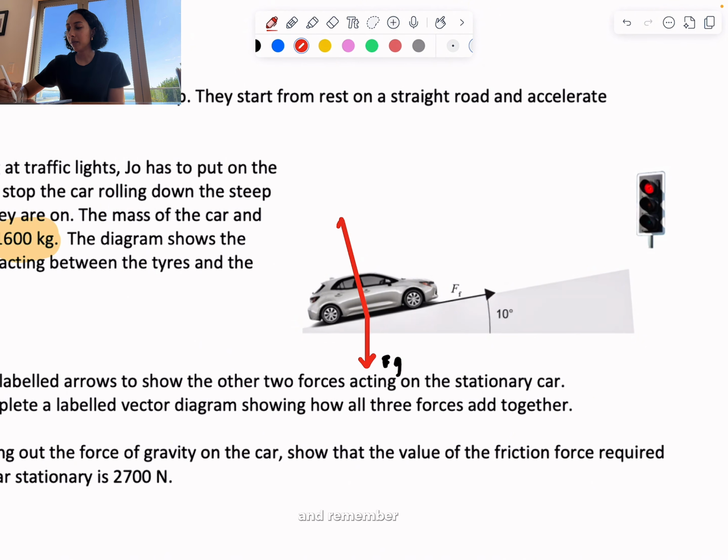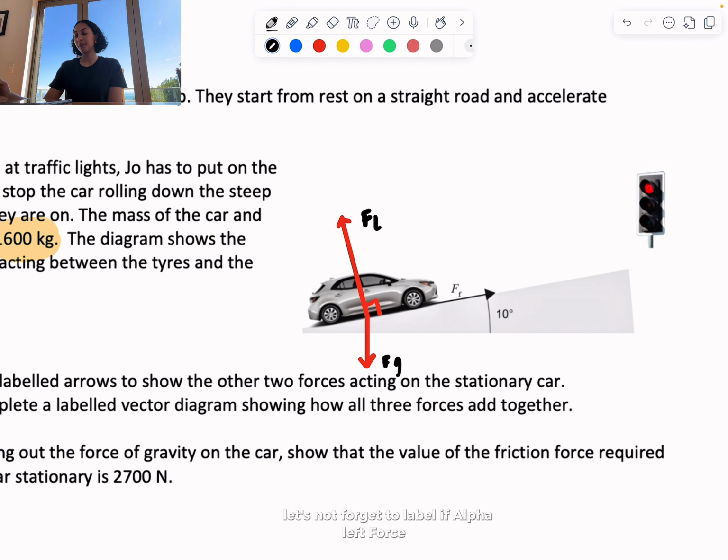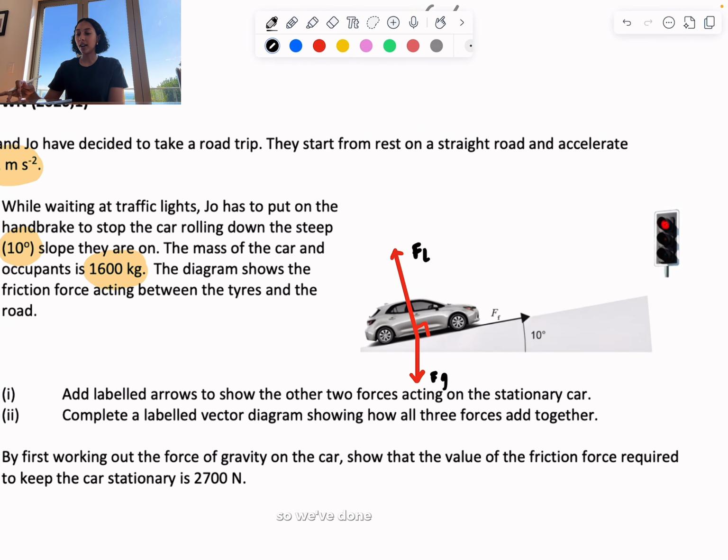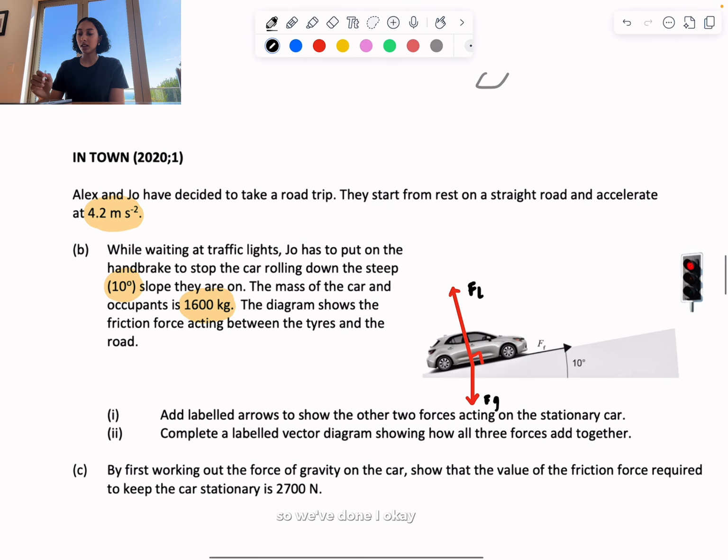Remember, it has to be perpendicular, 90 degrees, to the surface that this object is on. So this is why I've drawn it this way. Let's not forget to label FL for lift force. Cool, so we've done that part, so let's tick that question over there. And I believe that's worth an achieved, according to the marking schedule.